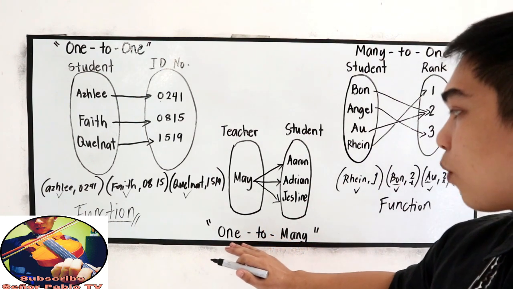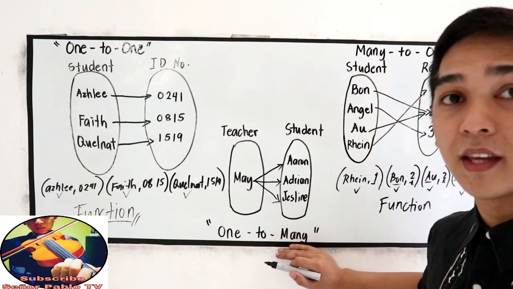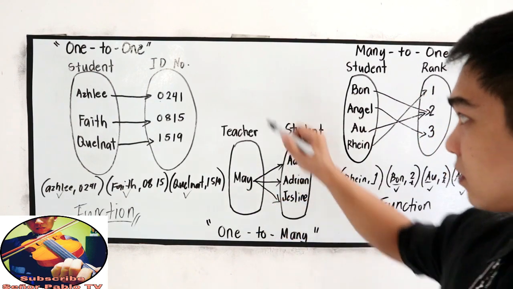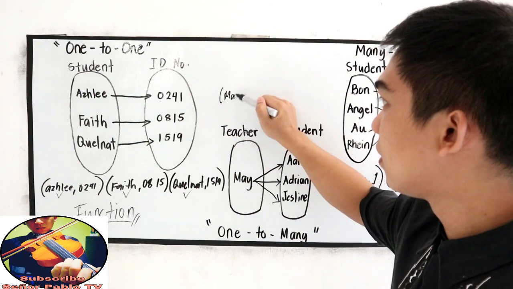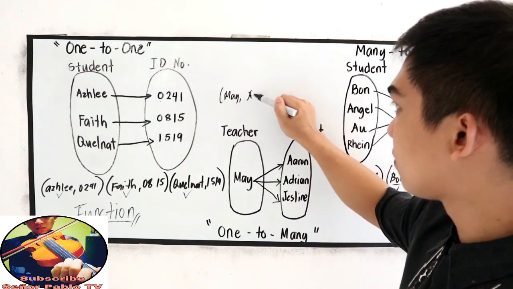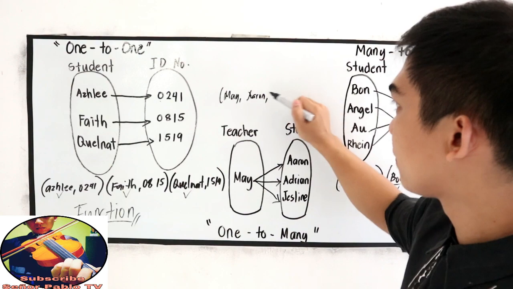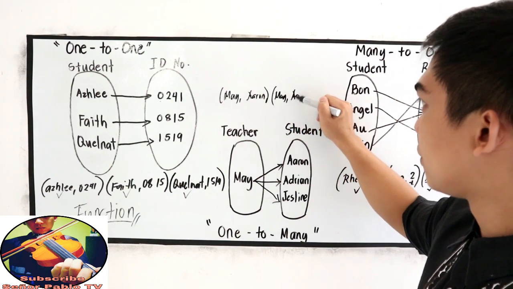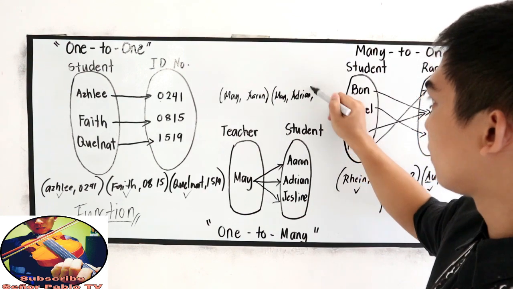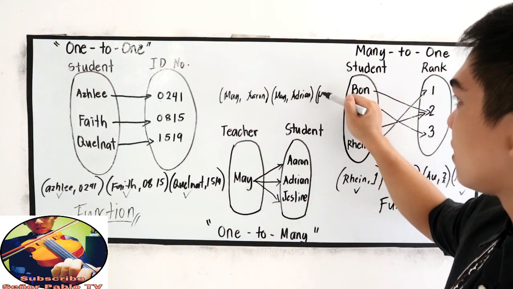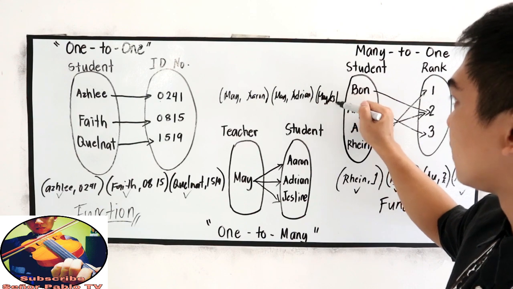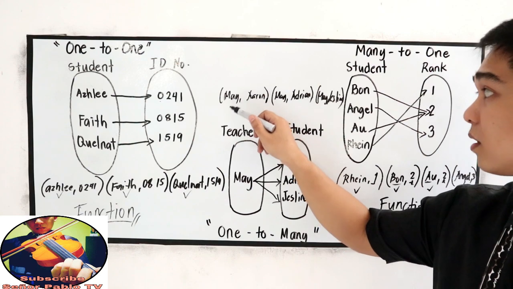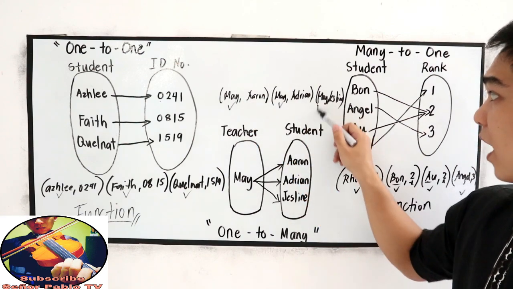How about in our one-to-many correspondence? So let's write as ordered pairs. May, Aaron, May, Adrian, and May, Jesslyn. Look at our domain. Our domain is May, and May.